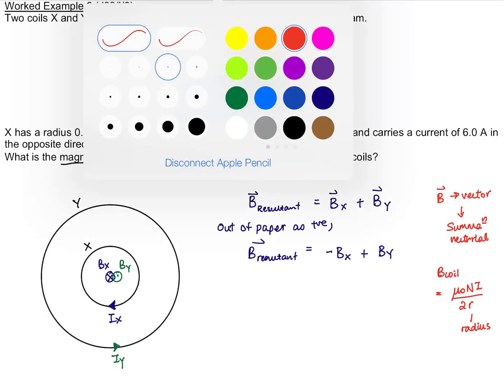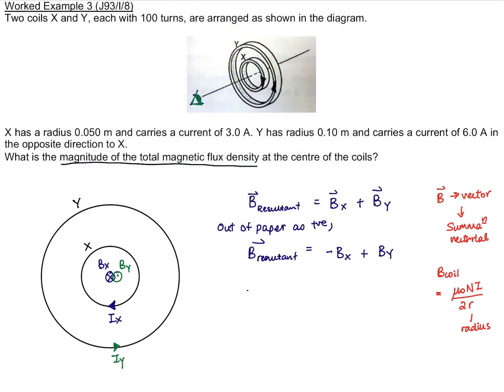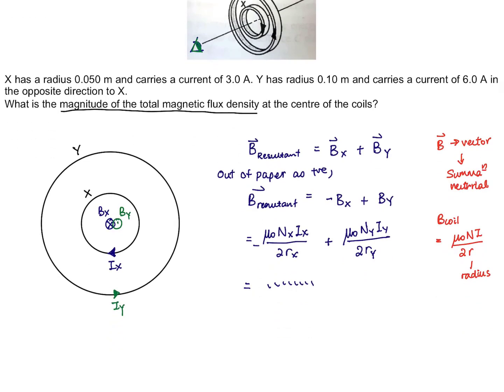With that, we can write this as equals to negative mu naught Nx Ix over 2Rx plus mu naught Ny Iy over 2Ry. Substituting the values from the question, you will be able to find that this is actually equals to 0 Tesla.